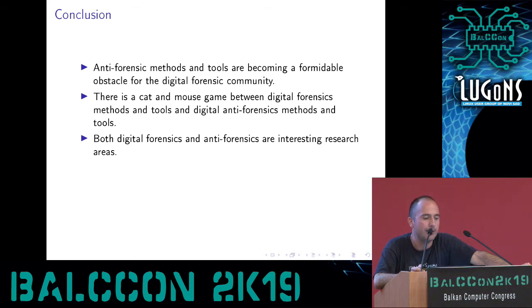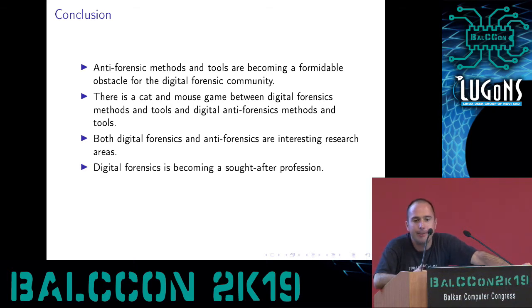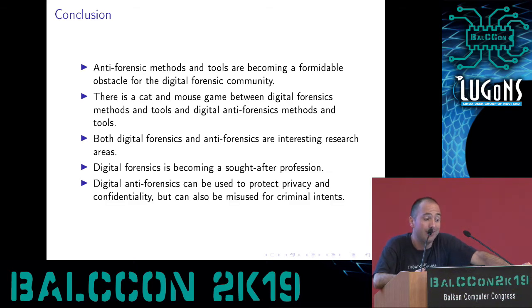Both digital forensics and anti-forensics are interesting research areas. Digital forensics is becoming a sought-after profession with the proliferation of digital devices, and digital anti-forensics can be used to protect privacy, but it can also be used or misused for criminal purposes.